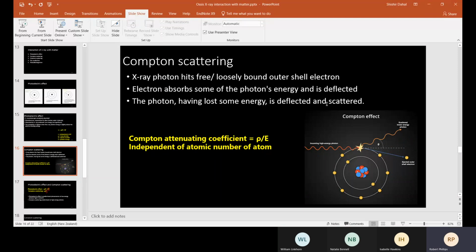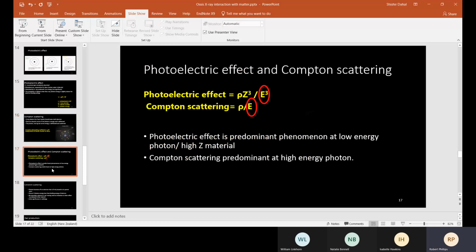So Compton scattering is the interaction of X-ray with the outer shell electron. The photoelectric effect is the interaction of the X-ray photon with the inner shell electron. That is the difference. So now, these are two equations.